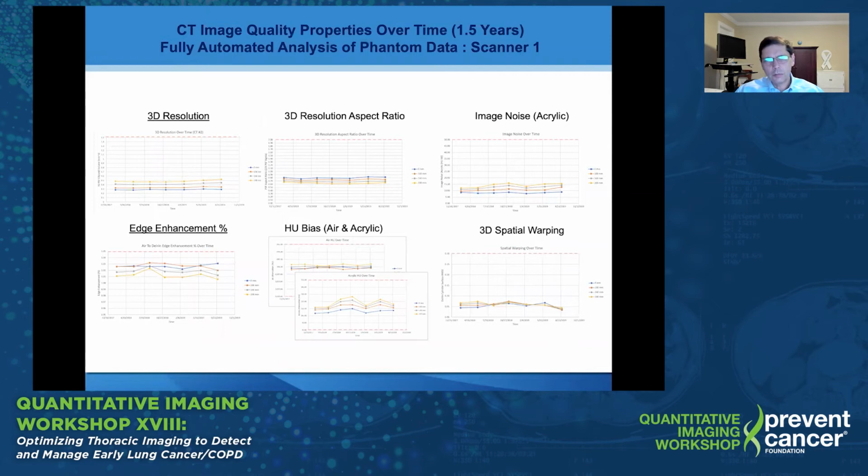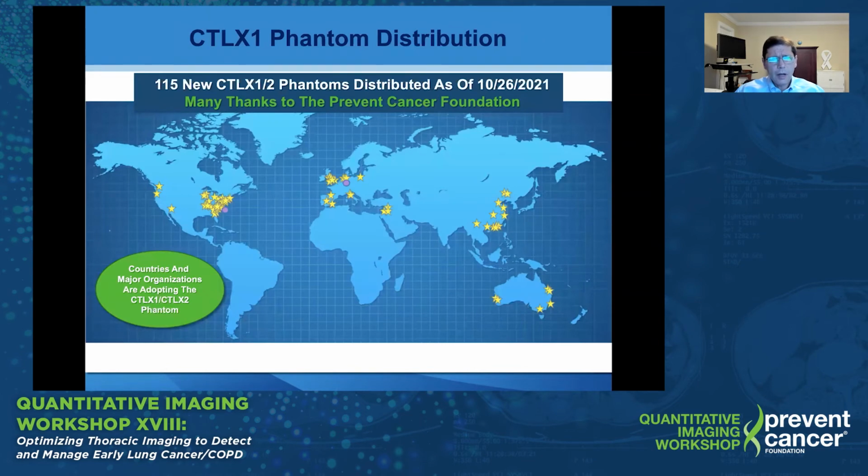And we've also shown over time, these methods, when scanned every 3 months over a year and a half here, are very stable and really quite remarkable in terms of their stability. Now we have 115 CTLX1 and CTLX2 phantoms distributed around the world, thanks to the Prevent Cancer Foundation grants.